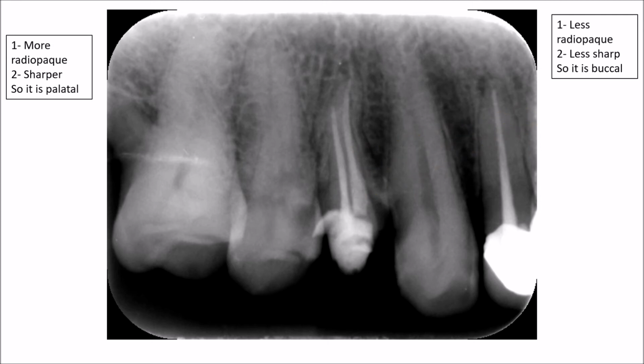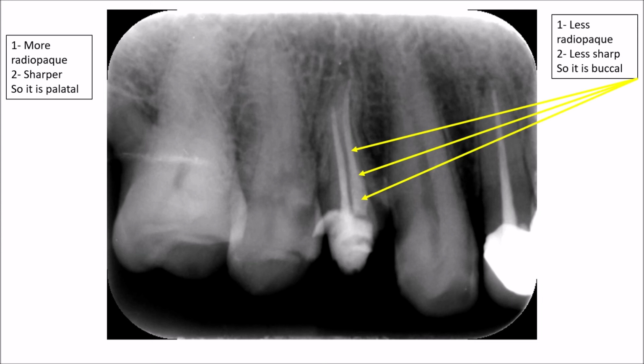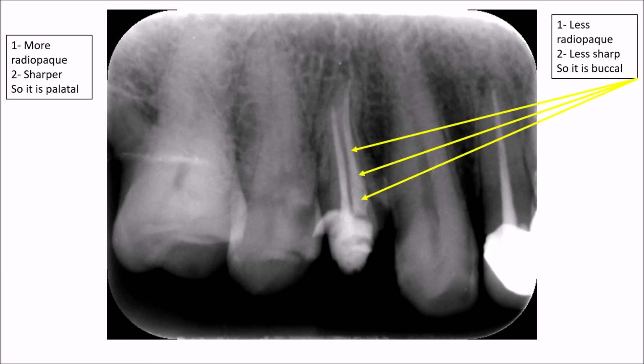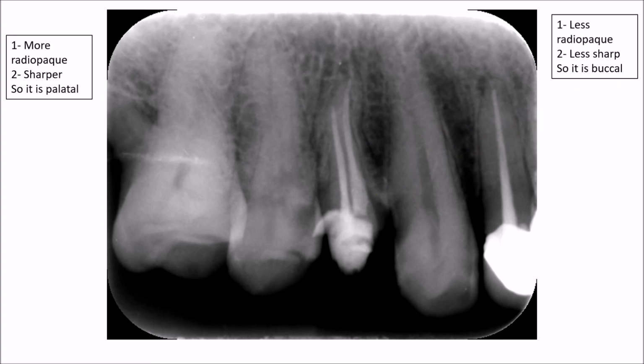This tooth is root canal filled, and of course 80% of upper premolars have two canals. Now the problem arises when we don't know which one is the buccal and which one is the palatal of these two canals, if we don't use the slob technique.